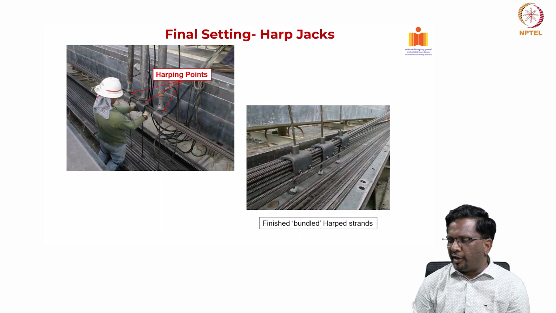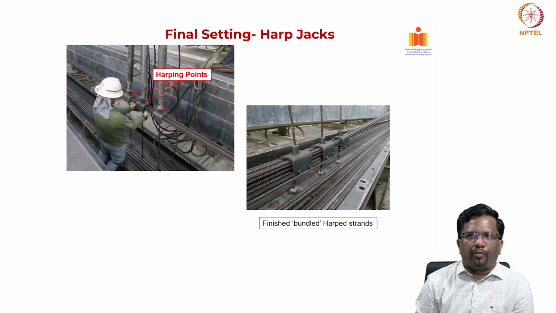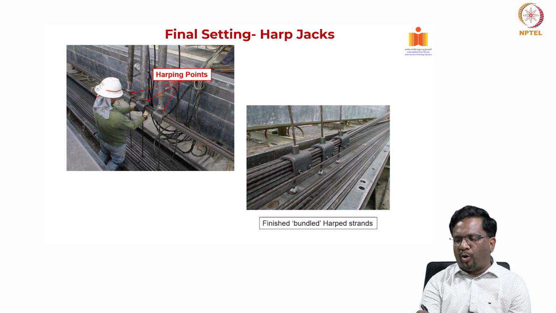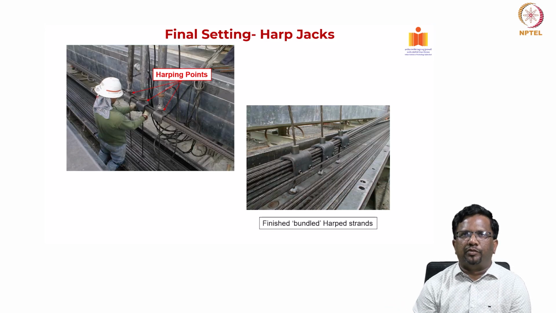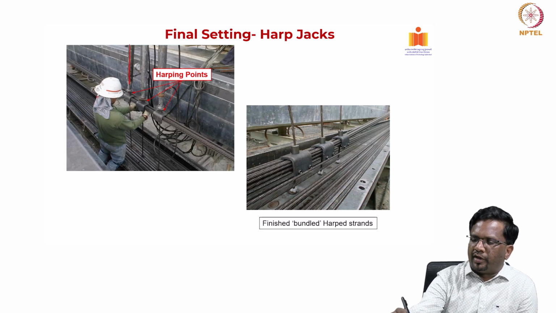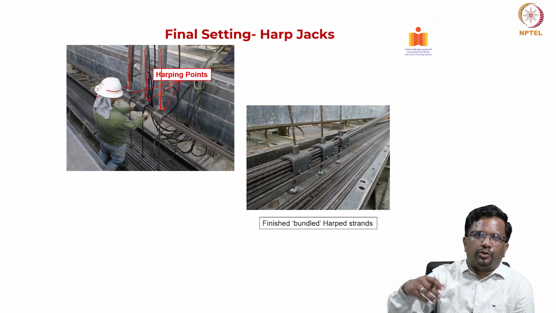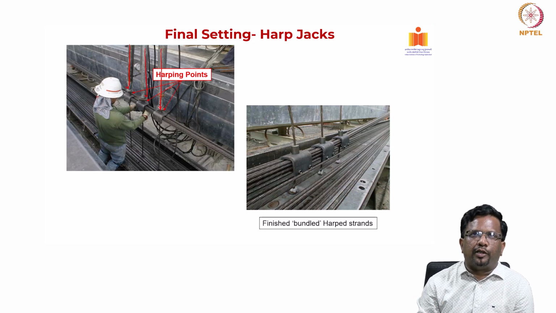And this is an example of how you do the harping, okay? Typically at the bottom of the mold, you will also have some anchoring points, which we will see in the next slide. You push the cable through these vertical jacks so that it is kept at that particular location.